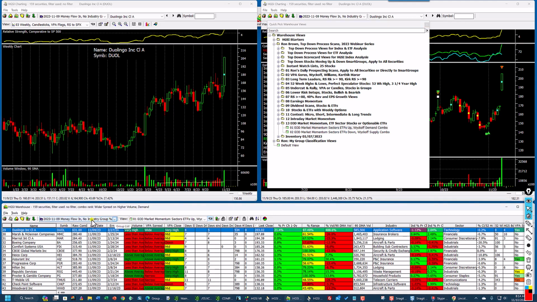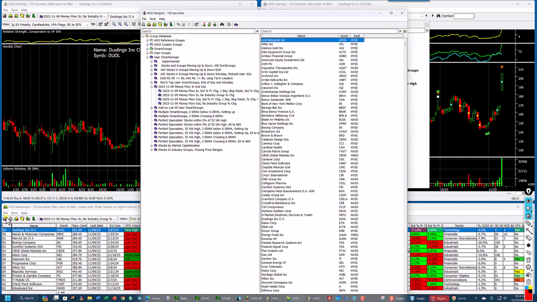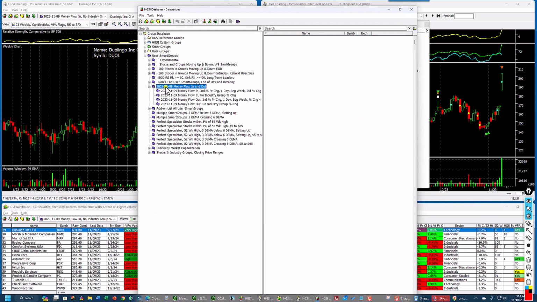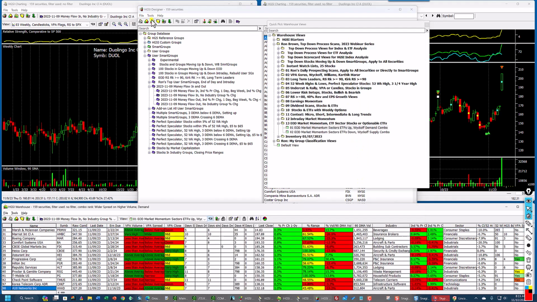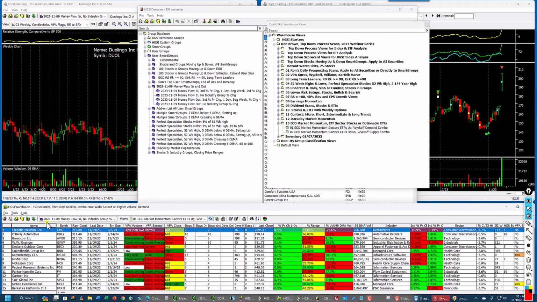Notice that I'm in the money flow on my smart group, which is located right here. This is this morning. These stocks all had to be up yesterday in here, and they all had to be down in this money flow. So what I did is I went from here directly into the warehouse, and now I am using folder 13.